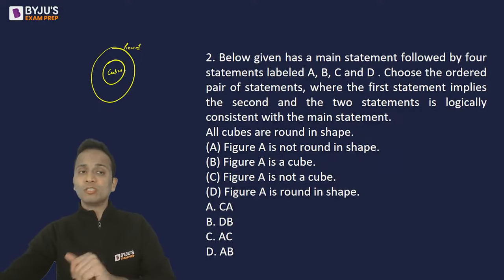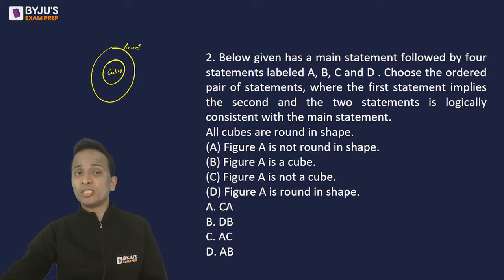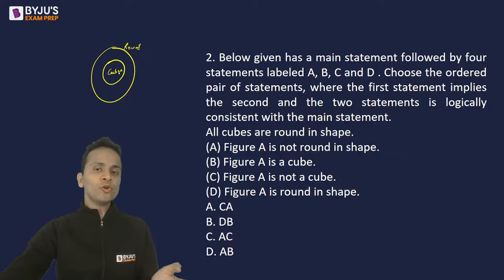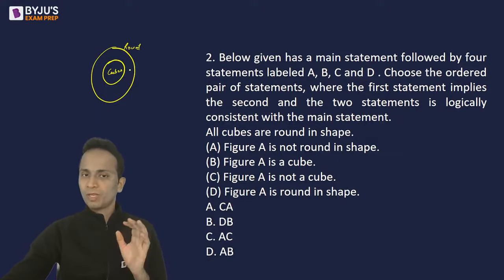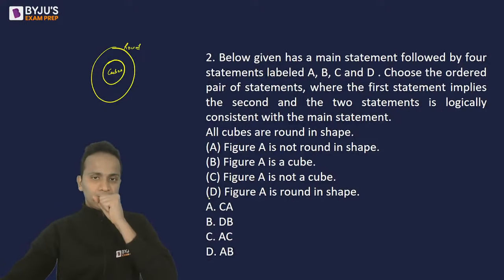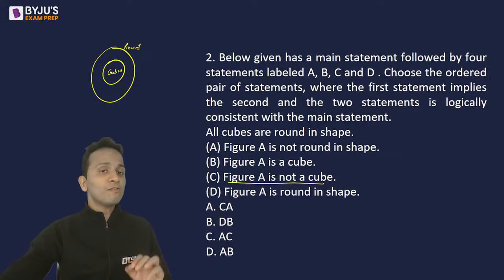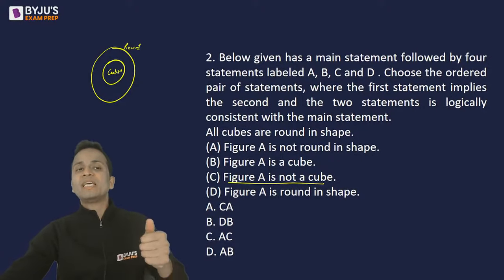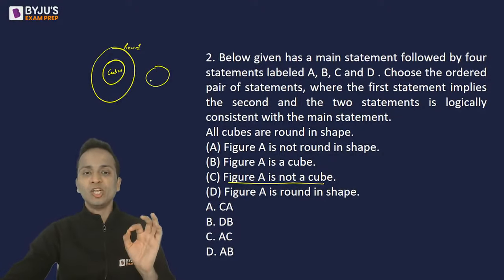Not all rounds are cubes. This is just like syllogisms, right? So all cubes are round, but not all round are cube. So I can say that if a figure is not a cube, then it will definitely not be round.